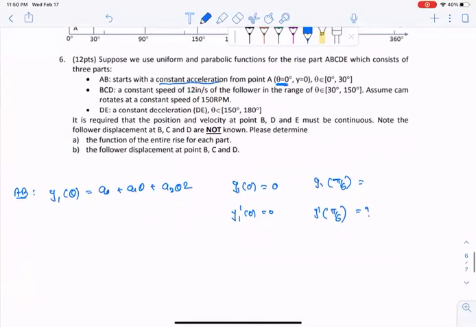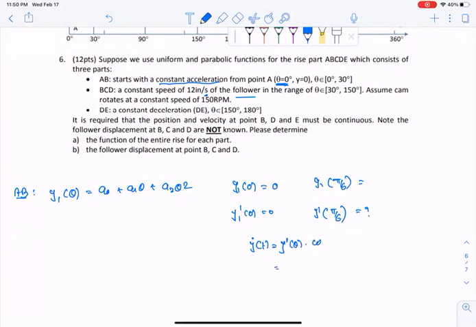We have been given a constant speed of 12 inch per second for the follower, and that is in time. So y dash of t, that is y dot of t, is equal to y dash of theta into omega.